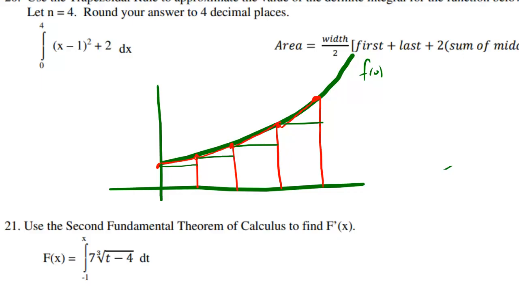And then this little triangle here on the top would really be f of 1 minus f of 0 over 2.